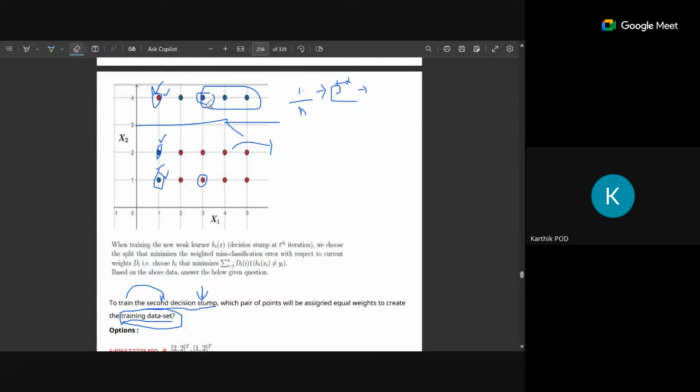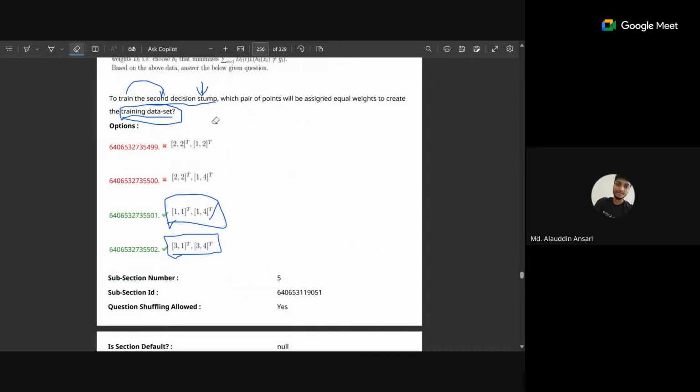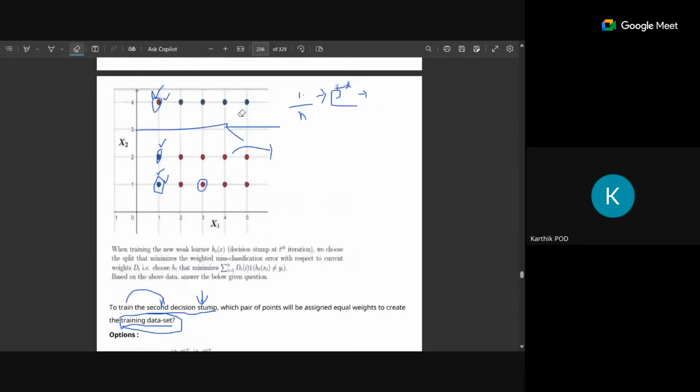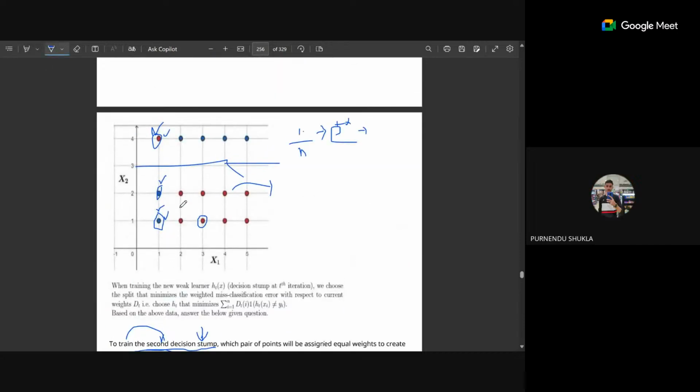Can you go to the wrong option? So the 2-2 and 1-2. And after that, we will look for the lines with the least error as much as we can do. Can you go up? So what is 2-2 and 1-2? 2-2 is this one, 1-2 is this one.